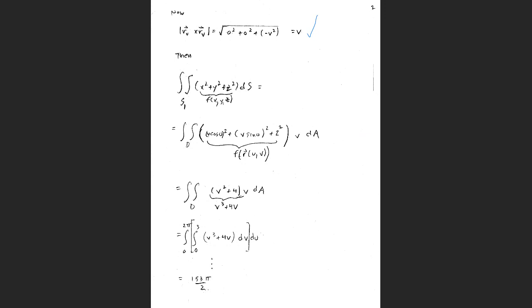And actually, v goes from 0 to 3, but we'll note here that v is greater than or equal to 0, so we can't have a negative length. In other words, we don't need the absolute value of v. Well, now we have everything we need to work through the problem.